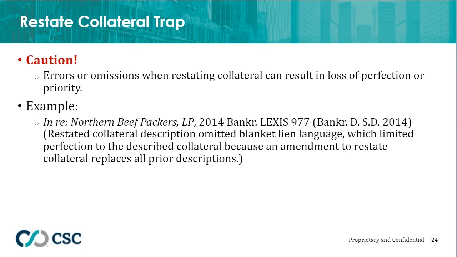What happened here was secured parties had a blanket security interest on all the debtor's assets. Later, the debtor pledged 2 additional assets, and the secured party filed an amendment to restate the collateral and described just the new assets, which were actually a very small part of the collateral.